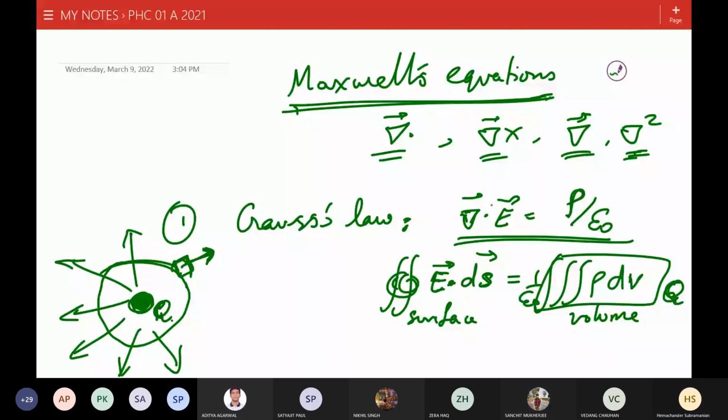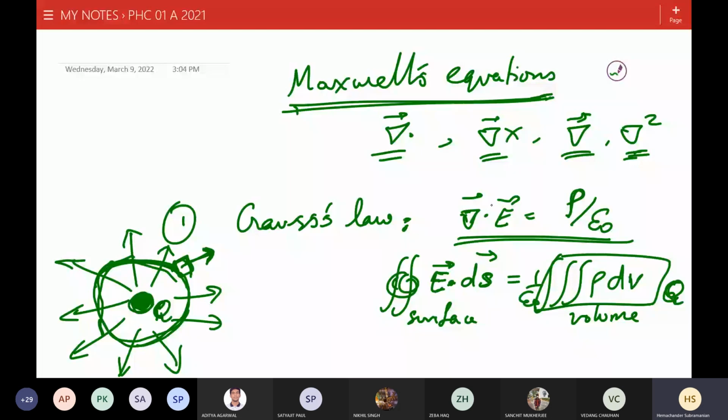What Gauss's law says is that if you draw any surface around some charge, it can be bent, curved, whatever, it doesn't have to be circular.